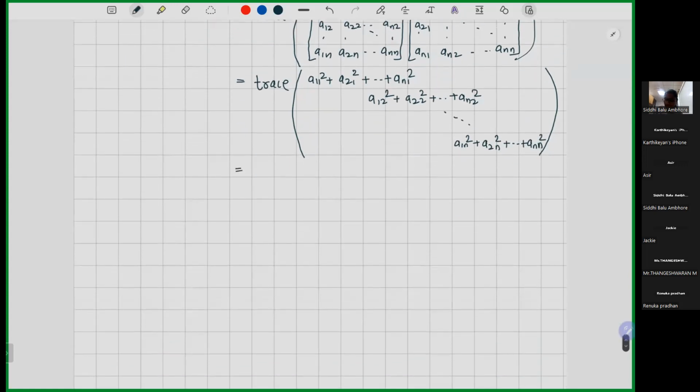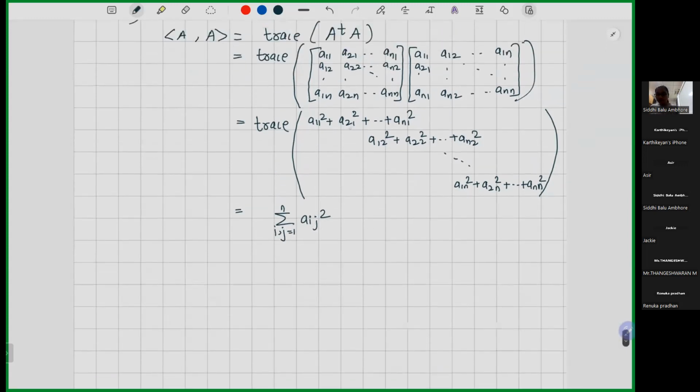Then the trace is what? It is the summation of everything. It is the summation of Aij square, i comma j from 1 to n. So it is A11 square, A21 square, and so on. So the first entry is the summation of squares of all the entries in the first column of A. The second entry is the summation of squares of all the entries in the second column.